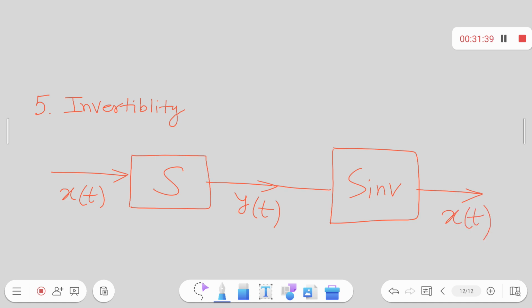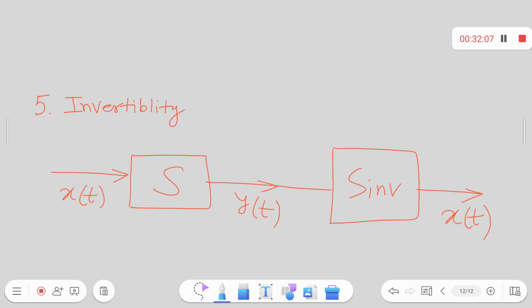Is that one clear? A system is said to be an invertible system. Not all the systems are invertible. There are some systems which are invertible. Your input is x of t, output is y of t.